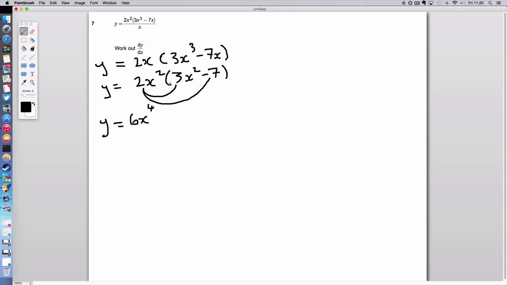Then we have the product of 2x squared multiplied by minus 7. Because there is no x term, we multiply only the coefficient and the constant, so that would make minus 14x squared, right? That's great.